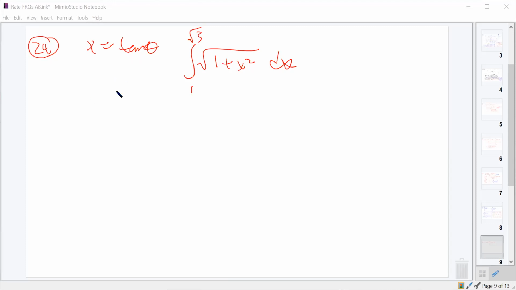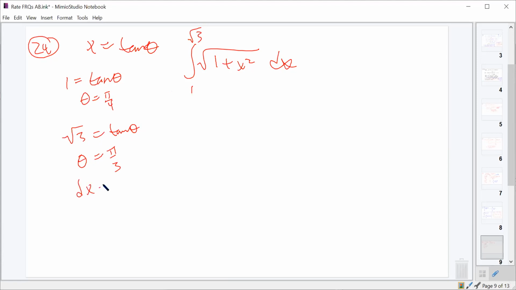So if x is tangent theta, then 1 equals tangent theta. Theta is pi over 4 for our lower limit. Root 3 is tangent theta, means that theta is pi over 3 for our upper limit. And dx is secant squared theta d theta, if you take the derivative of that.